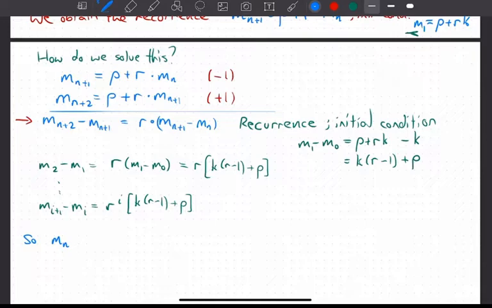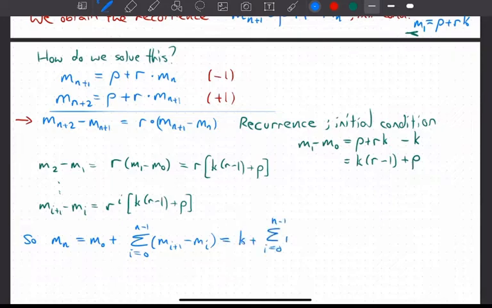We get m_n is m naught plus the sum for i from 0 to n minus 1 of m(i+1) minus m(i), just writing this as a telescoping sum. That's k plus the sum from 0 to n minus 1 of r to the i, and then this expression here, k(r minus 1) plus rho.